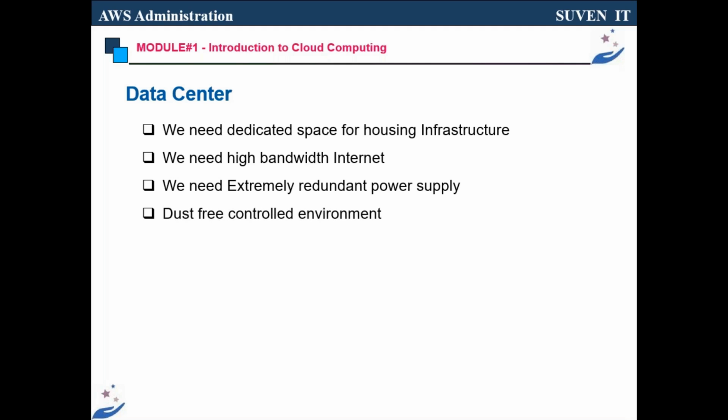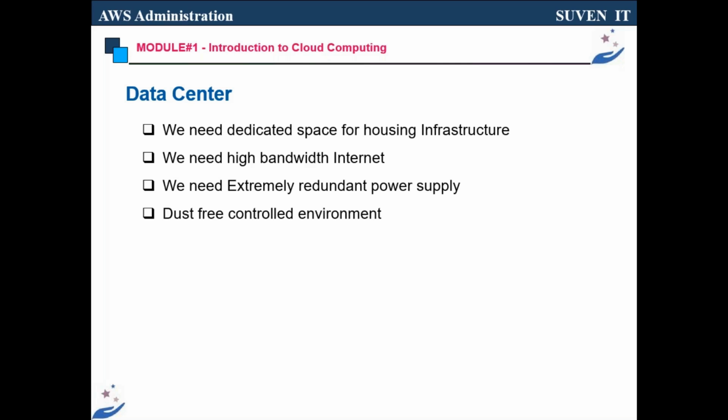There are a lot of challenges, like dedicated space. Imagine they need a big space, like ICICI Bank in Hyderabad, they created a big data center, right? So you need too much space, as well as high internet bandwidth. High internet bandwidth means it's not only from one company. They need to take the internet from two separate vendors, so in case one line is broken, they can spin up all the services on the other line.